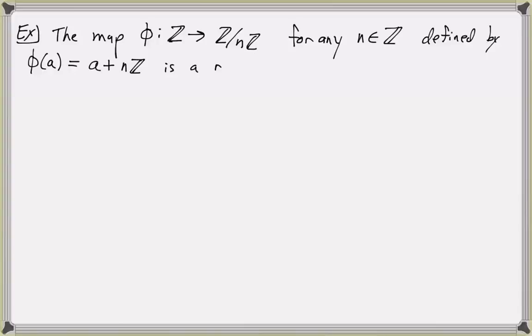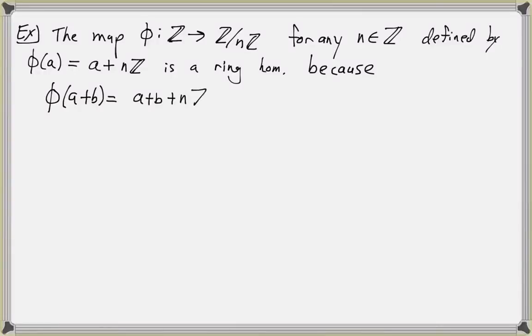So this is a ring homomorphism because, well, let's look at it additively. We know phi of a plus b would be a plus b plus the ideal nZ. But then this can be written as the coset a plus nZ plus the coset b plus nZ. And this is phi of a plus phi of b.